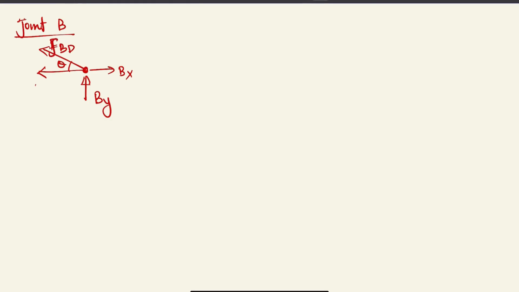We'll take another joint, which is joint B. Again this is theta, and then this is Bx, and this is By. Then in this case, this is FBD, and this is FBC.